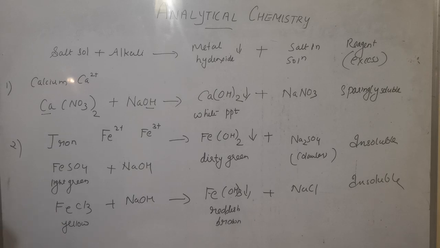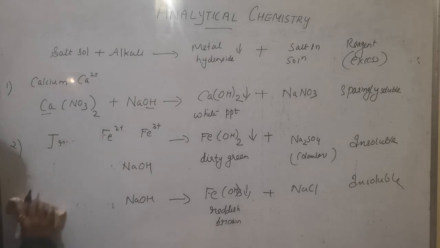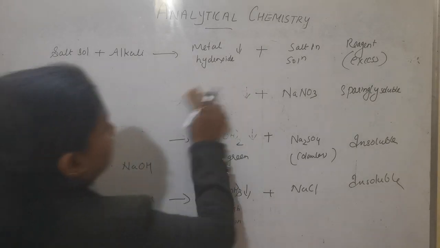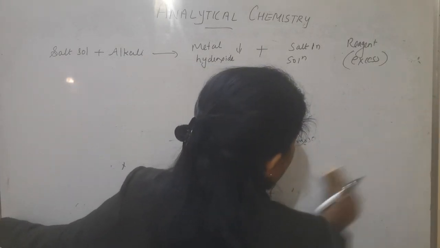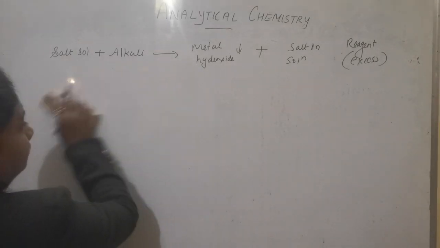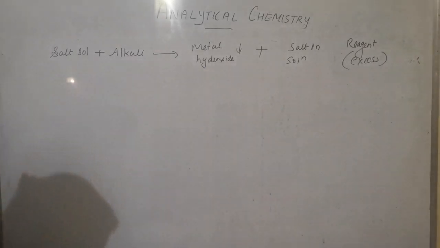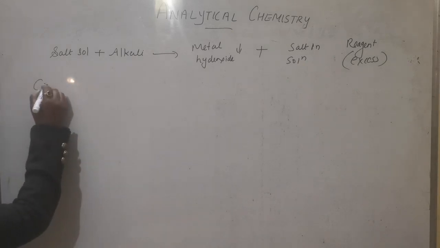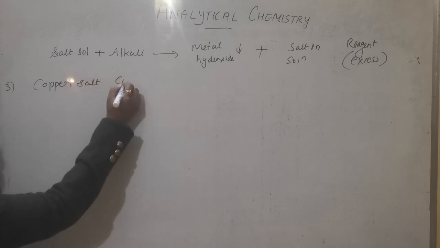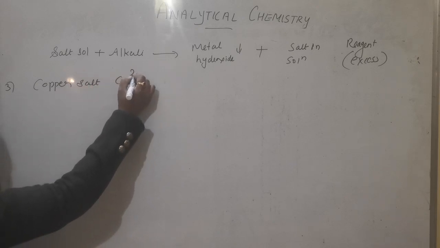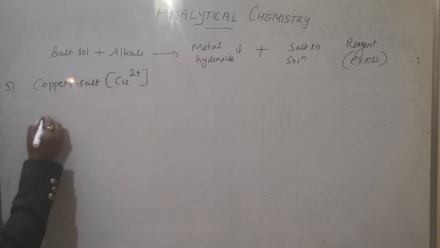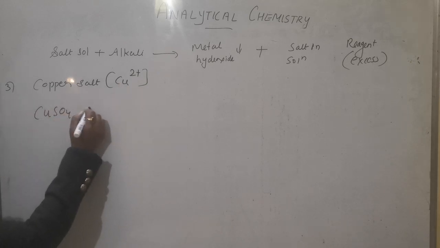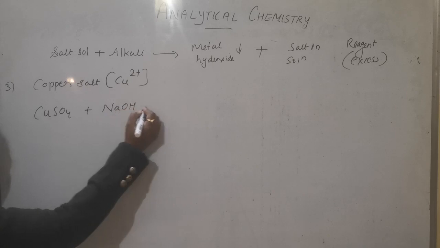Now the next example is copper salt. And we know that the color of copper, the cupric ion, is blue. Copper symbol is Cu, valency is 2+. This is the cupric ion. We'll take copper sulfate. The reagent is sodium hydroxide.